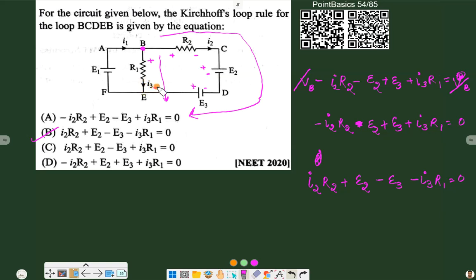So you have to remember that positive and negative are decided according to the current, and those currents can be different in the different branches of the circuit. Now moving to the next question.